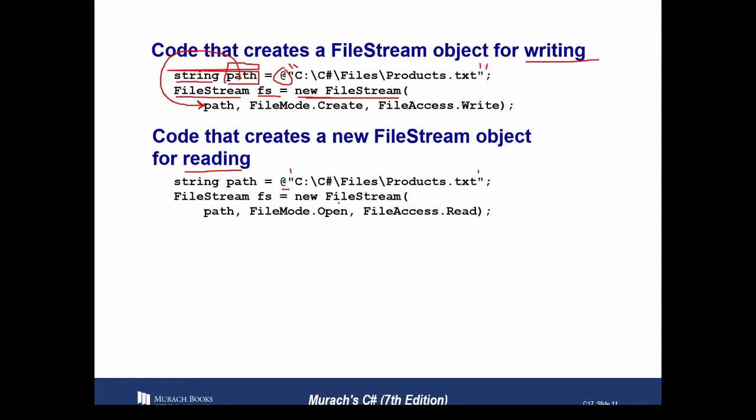And then this new FileStream here, what you're seeing is the difference in the mode. So FileMode.Open and then FileAccess.Read happens after you've done FileMode.Create and FileAccess.Write. So there is a sequence to what we're doing here.